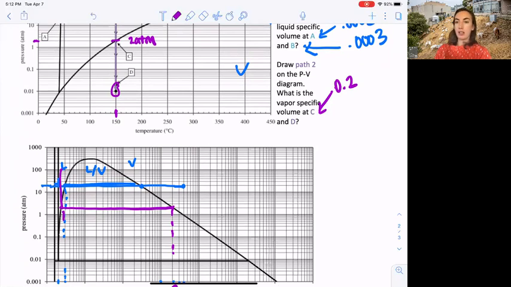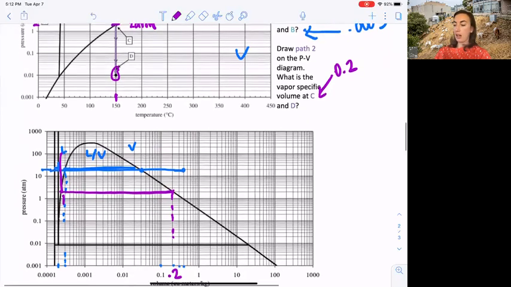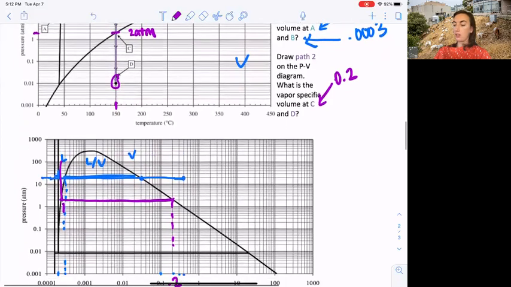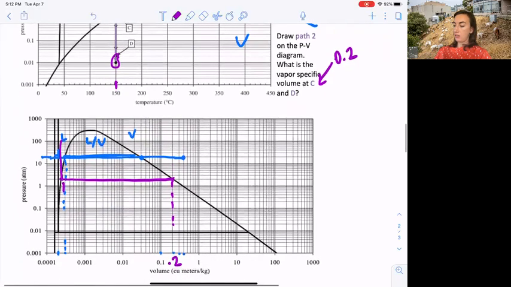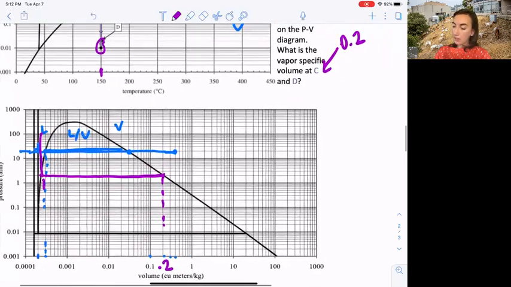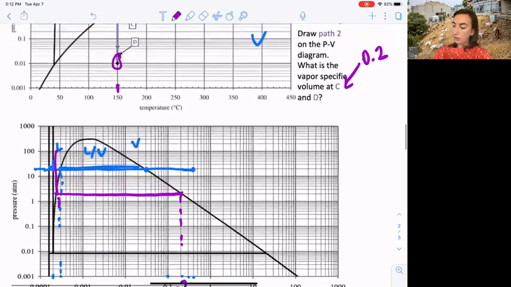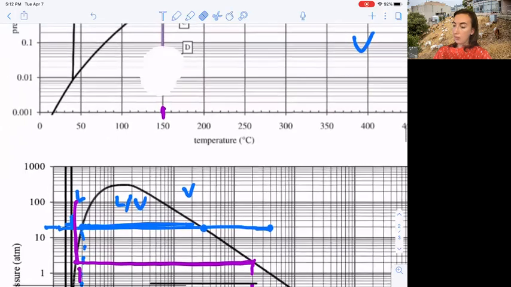And then we now need to find point D. So one thing we know for sure about point D is that it's going to be at 0.01 atmospheres. I guess it's a little hard to read with all my scribbles on top. Point D is actually at 0.02.